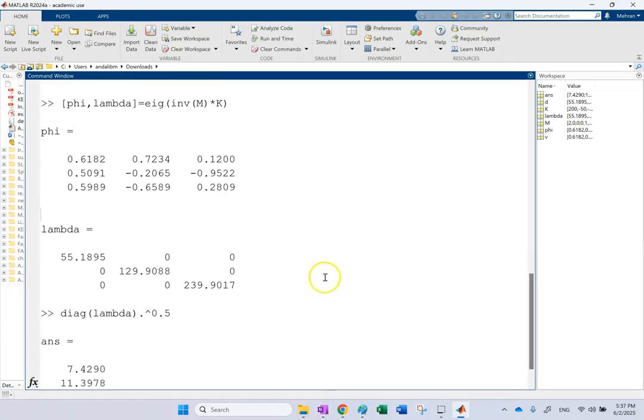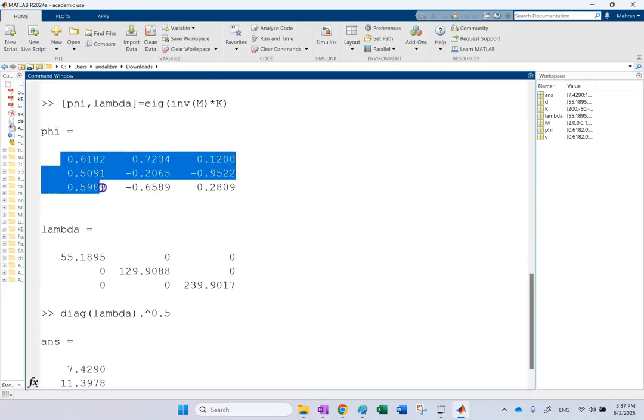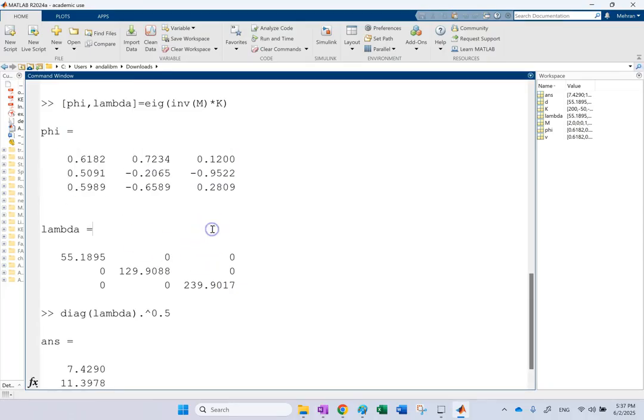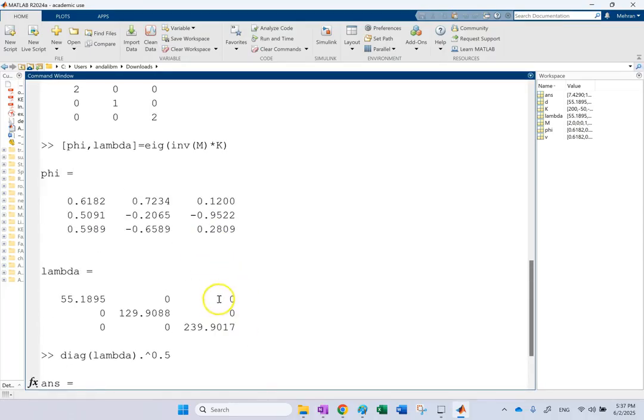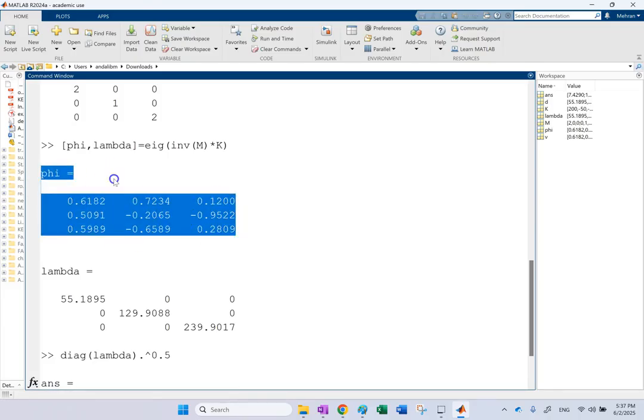First is, if you look at the magnitude of each one of these columns, the magnitude of each column is 1. And that should be because MATLAB, when it returns any of the mode shapes, it always gives us the mode shape that has a magnitude 1. So we say it normalizes the mode shapes, right?